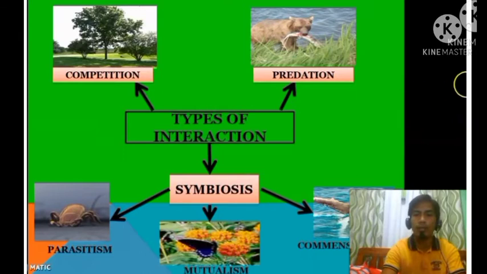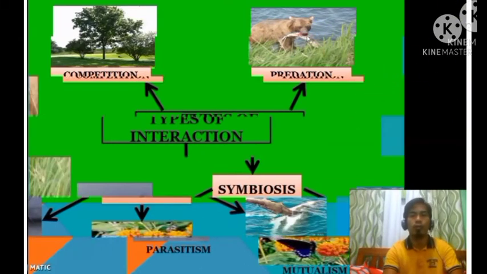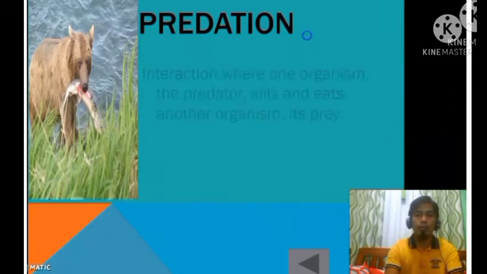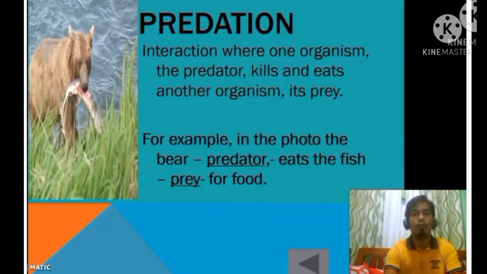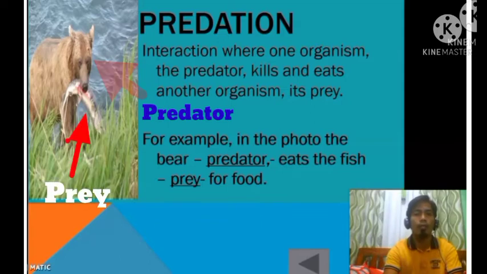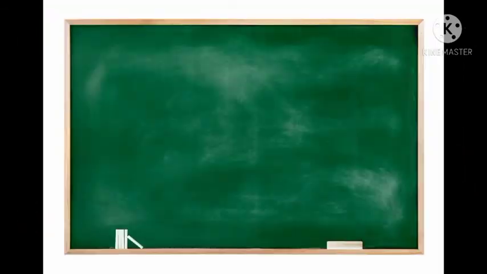So let us first discuss predation. Predation is an interaction where one organism, the predator, kills and eats another organism, its prey. In this example, in the photo, the bear is the predator. It eats the fish for its food. The fish is the prey.